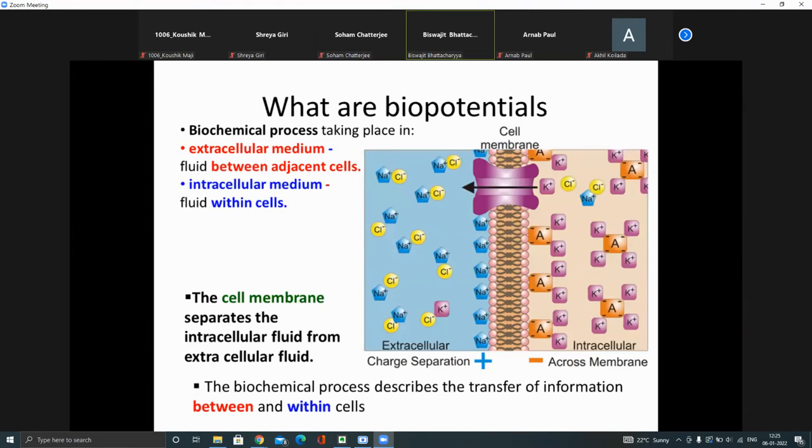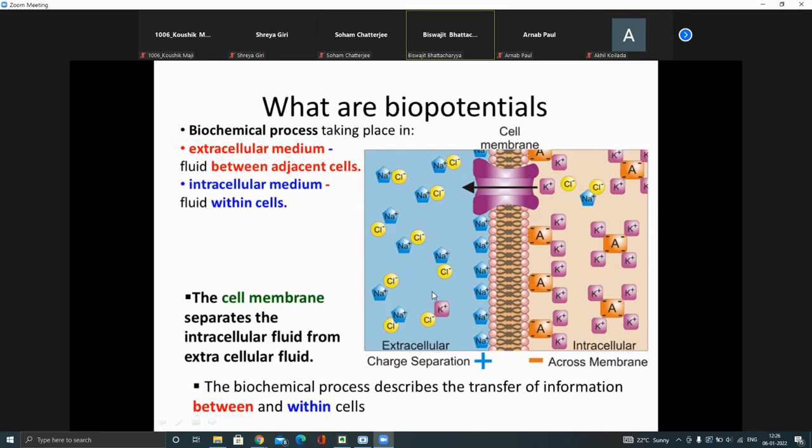Now here is the picture that will show you schematically the condition of our cell. The right side is the intracellular medium. You see the right side is the intracellular medium, the violet part. It is inside the cell. And the blue part, it is outside of the cell, called extracellular medium.